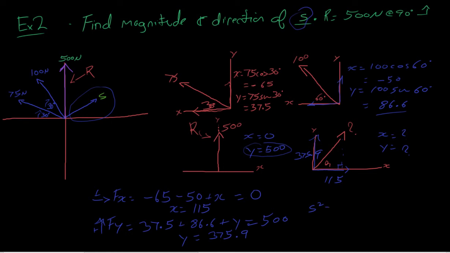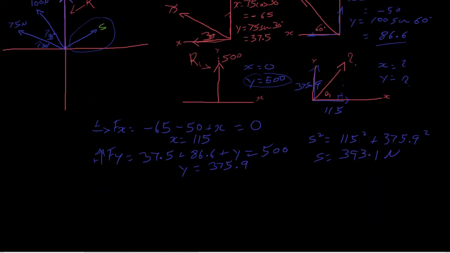S squared is equal to 115 squared plus 375.9 squared. Therefore, s is equal to 393.1 newtons.